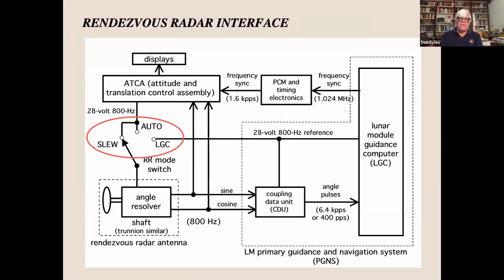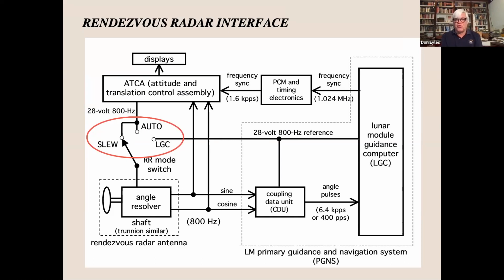Meanwhile, on Apollo 11, a flood of pulses was coming into the Lunar Module guidance computer. And why was that? It was because the checklist showed the rendezvous radar, which, if you're thinking, what did that have to do with the landing, then that's a good thought.